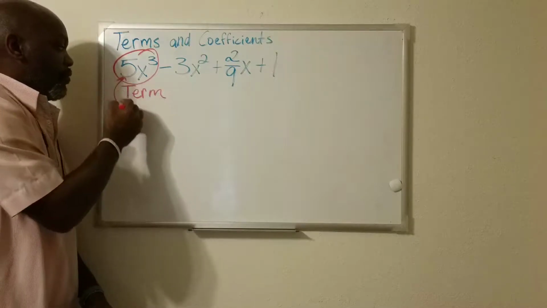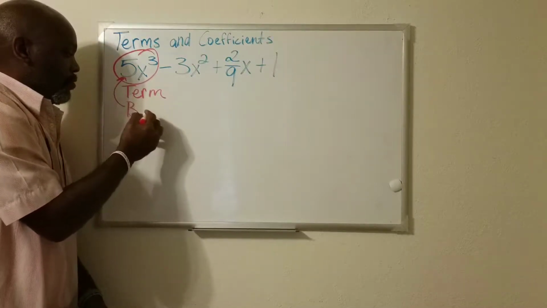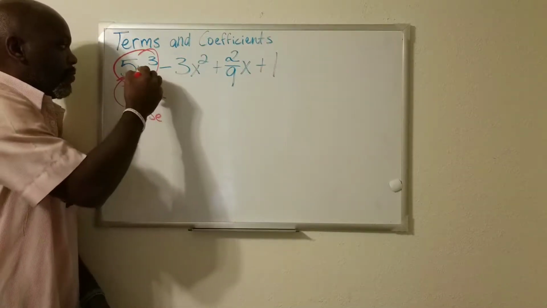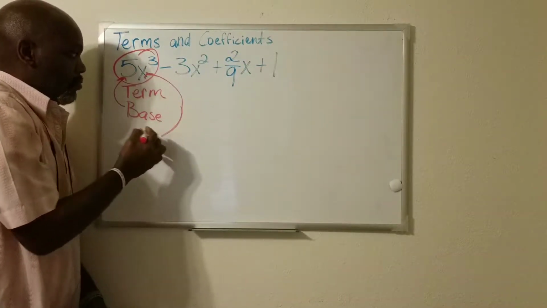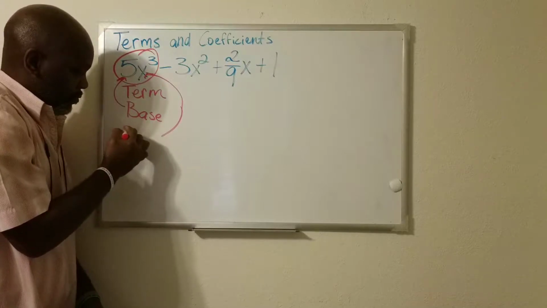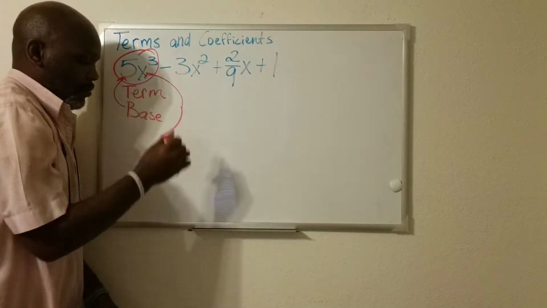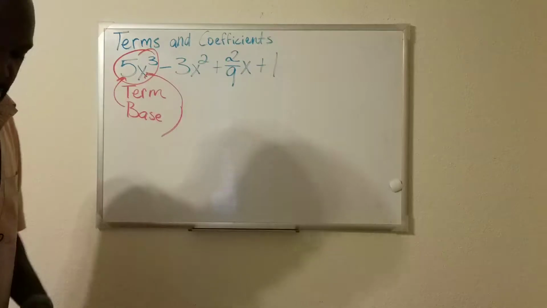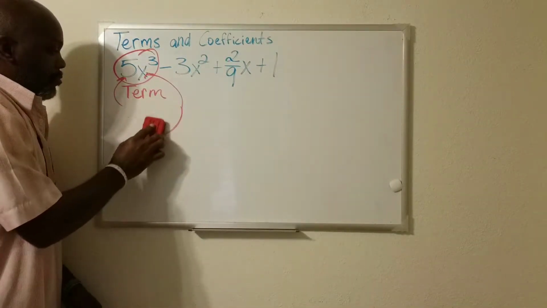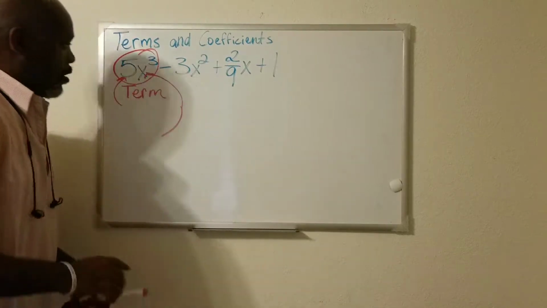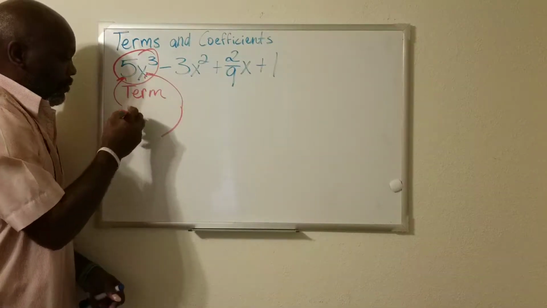The 5 is known as your base. The x is known as your, sorry, I said that wrong. See, I just made an error, but I want you to see how I corrected.